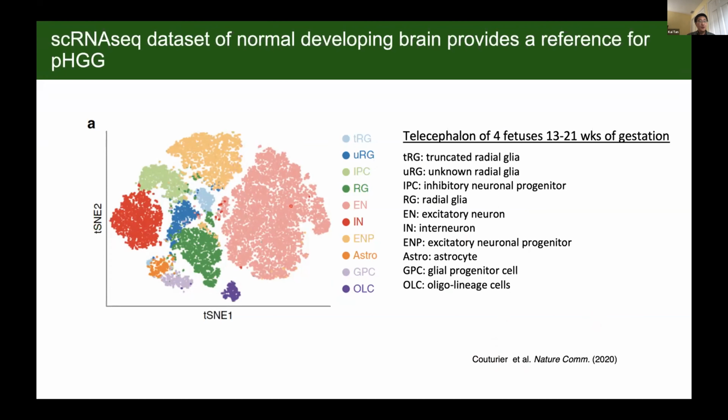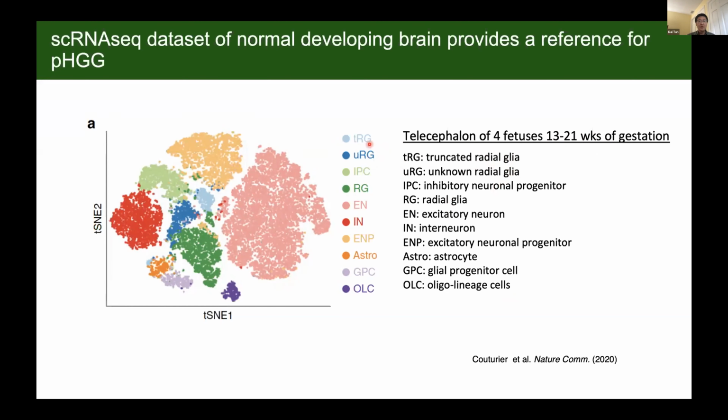They generated a reference of normal fetal brain single-cell RNA-seq data from 4 fetuses at gestation weeks 13 to 21. As you can see, the reference trajectory captured a range of developmental stages of these glia and neuronal cells.